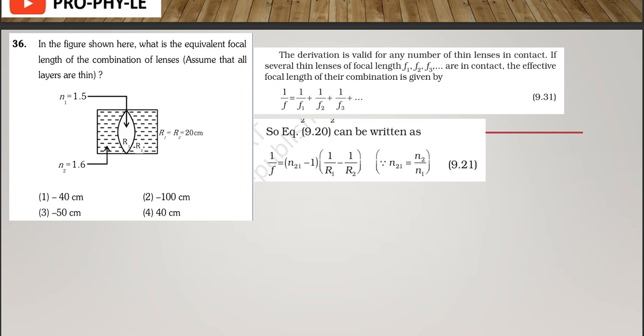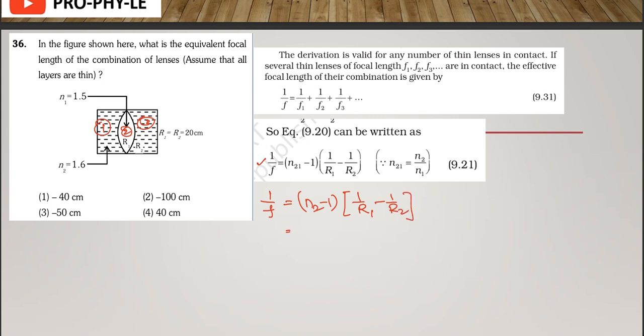So this question is based on combination of lenses. We are having our lens maker's formula like this. First, I can give some numbers. This is first one, this is second one, third one. First one and third one are plano-concave lenses, so their focal lengths I can identify like this. 1 by F will be equal to (N2 minus 1) into (1 by R1 minus 1 by R2).